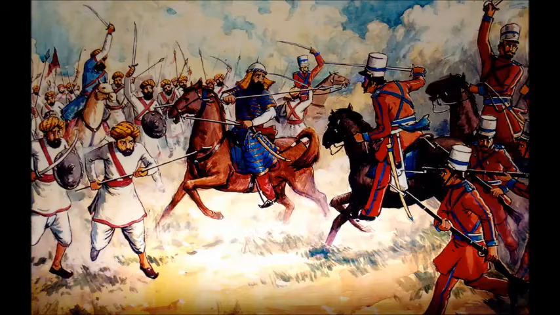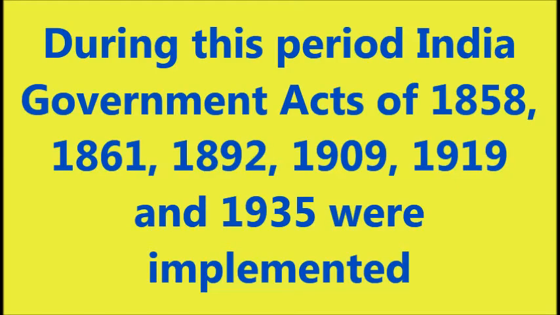During this period, Indian Government Acts of 1858, 1861, 1892, 1909, 1919 and 1935 were implemented. Due to various political developments during different periods, these acts are historically very important.